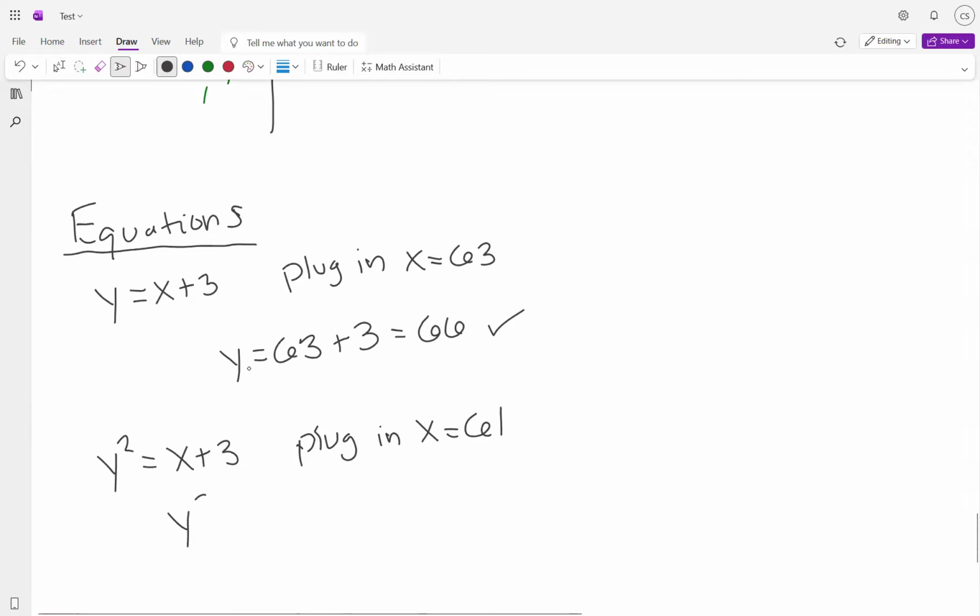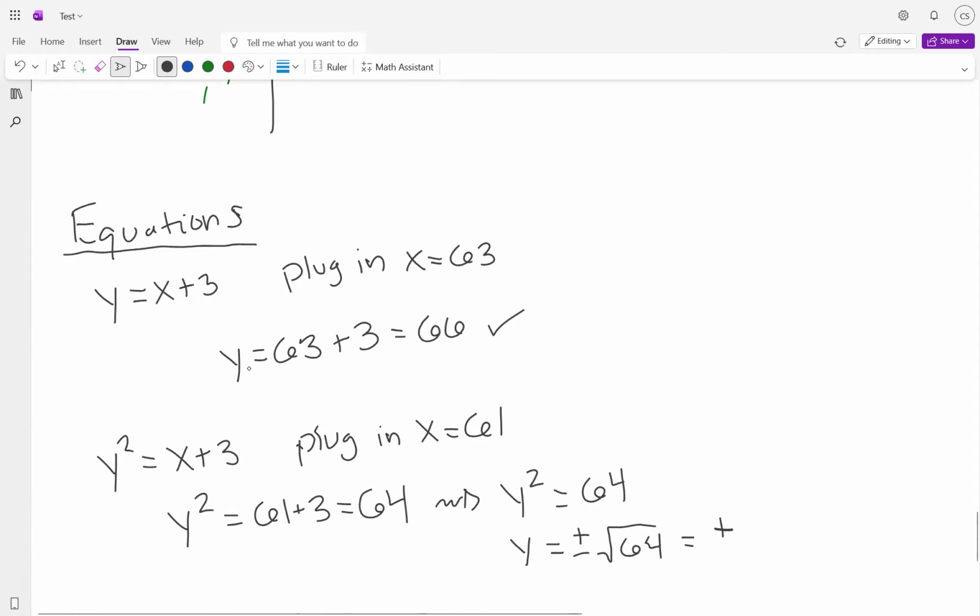So then I have y squared equals 61 plus 3 equals 64. To find the solution for y, I'll take the square root, but when I do that, I have to remember I have a plus or minus the square root of 64, which means my answer is plus and minus 8.